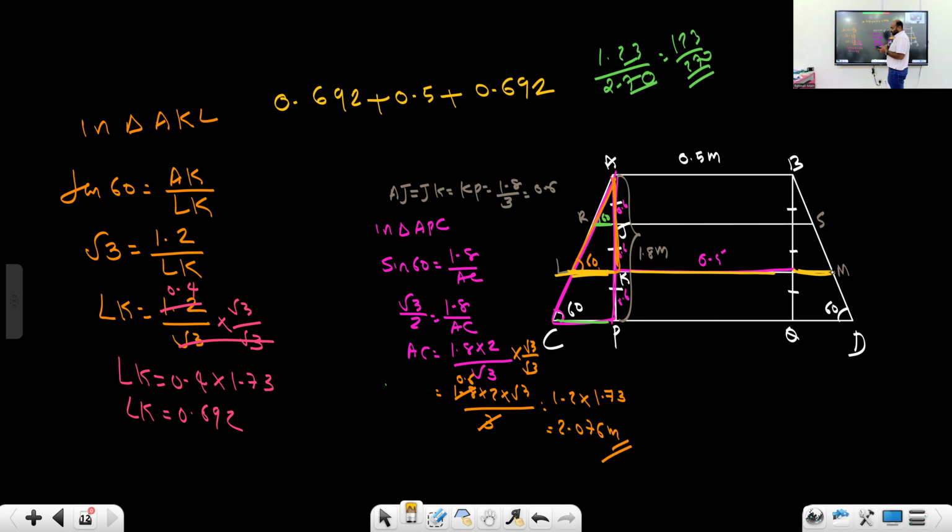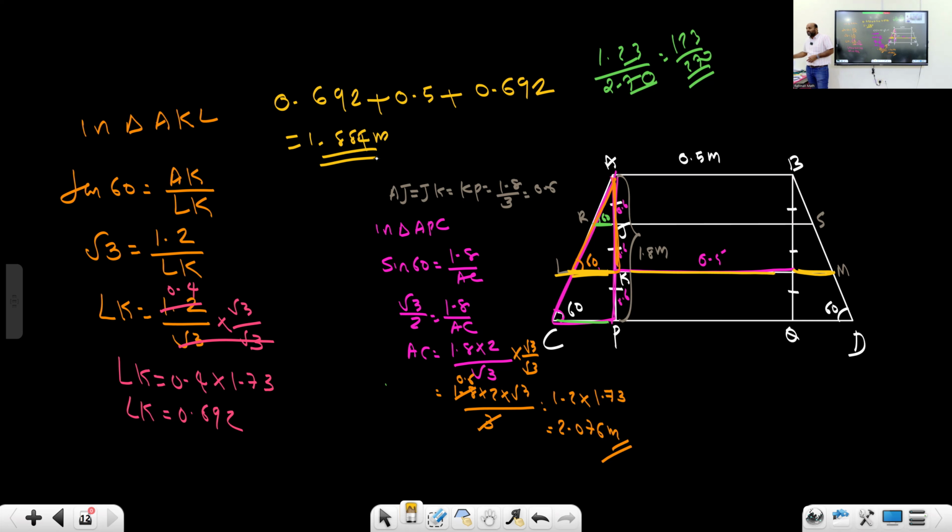Everything you have to add. How much? 1.884 meter.